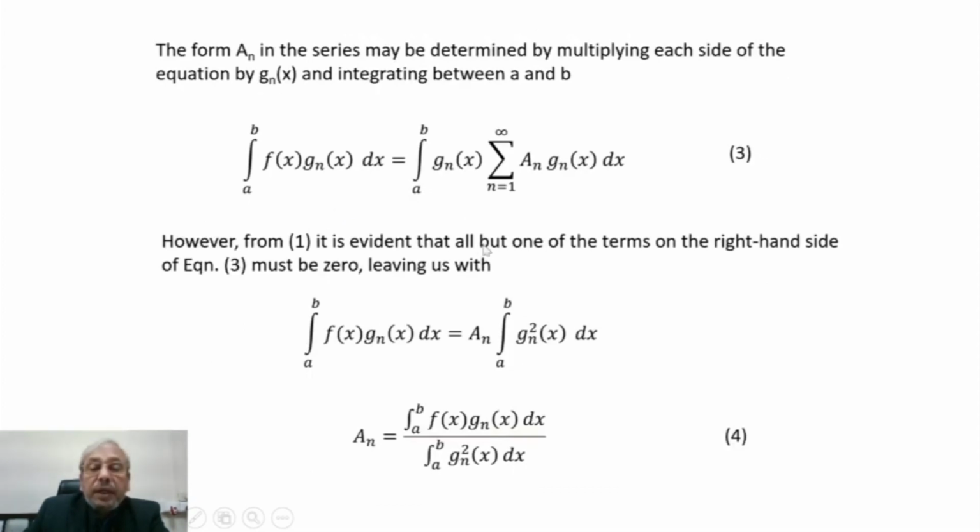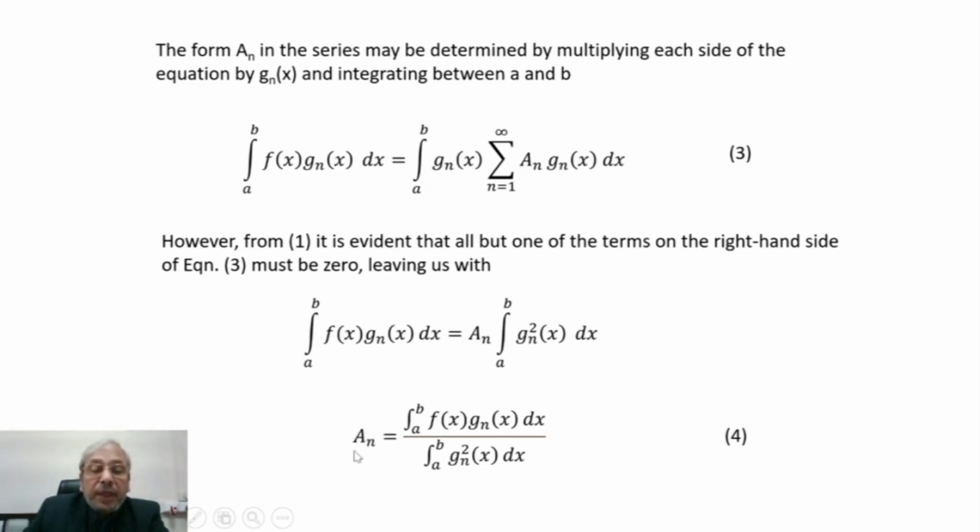So it is evident that all but one of the terms on the right-hand side of the equation must be 0, leaving us with the integral from a to b of f(x) gn(x) dx equal to an times the integral of gn square(x) dx. Here an gm(x) is being multiplied by gn(x), and only when gm(x) is gn(x) is it non-zero, otherwise it will be 0.